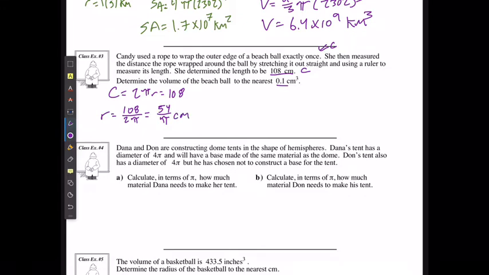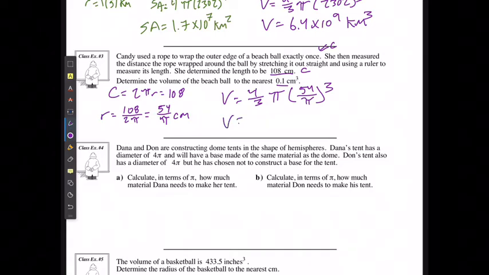If I am determining the volume of the beach ball, the volume is going to equal 4 over 3 pi times 54 over pi cubed. The volume is going to be 21,272.6 centimeters cubed.